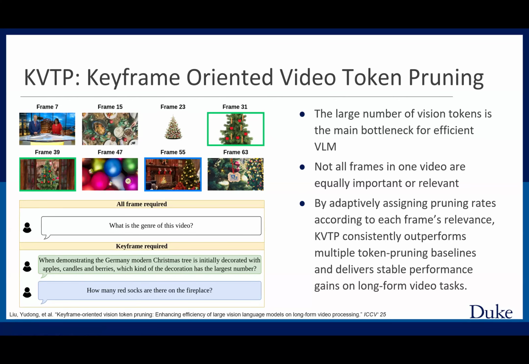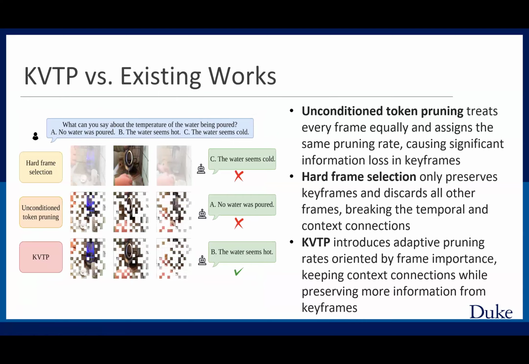Okay, how does it compare with existing approaches? Existing methodologies usually refer to one of two common strategies. One we call unconditional token pruning. It essentially treats every frame equally and assigns the same pruning rate to all these frames.